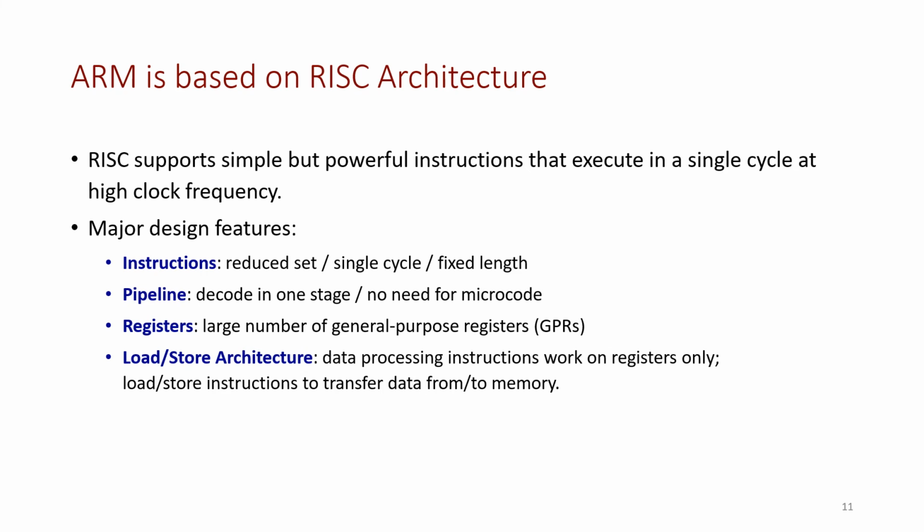It has a larger number of general purpose registers, and also a concept called load store architecture, where instructions work on registers. Instructions carry out the data processing on the registers, and load and store instructions are used to transfer data from and to memory.